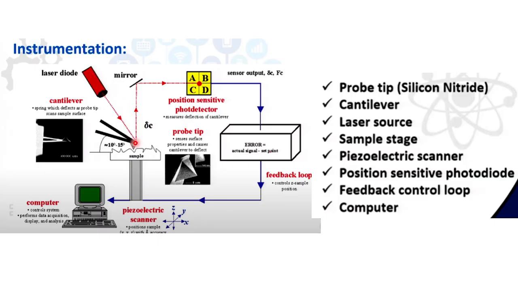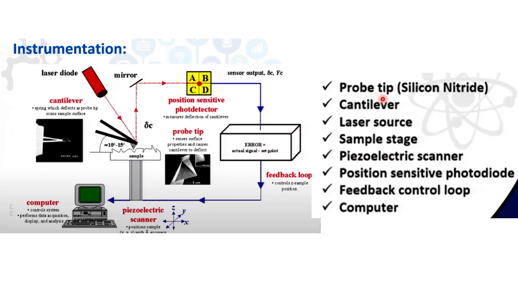Depending on the bending, you will get the reflected radiation at a different angle. Here is the photo detector, and after that you will get the signal, and then through the piezoelectric scanner, here is the computer to prepare the image. These are the important components of your AFM.